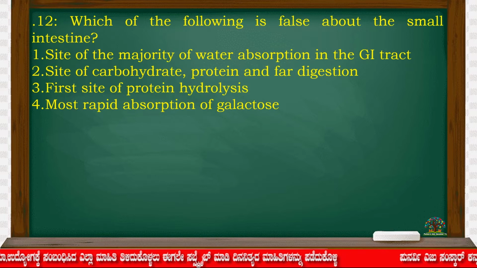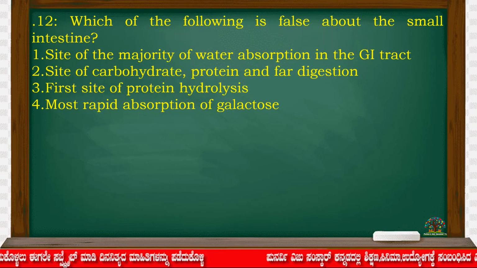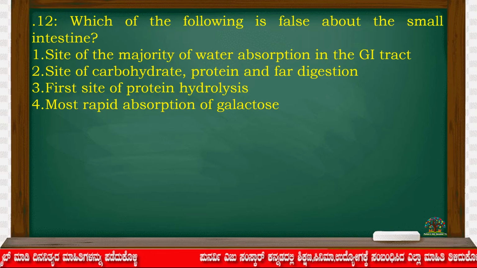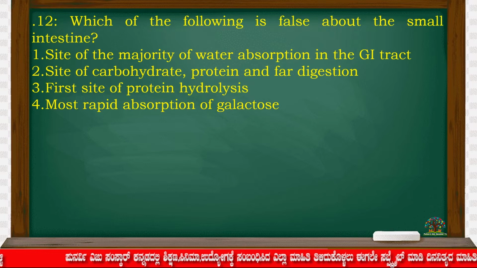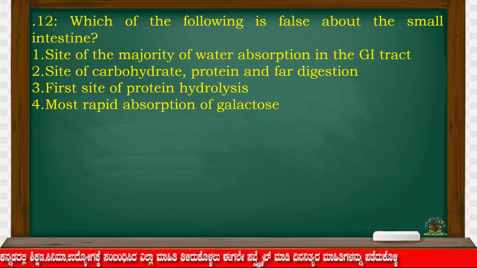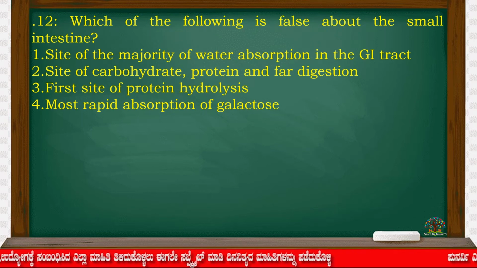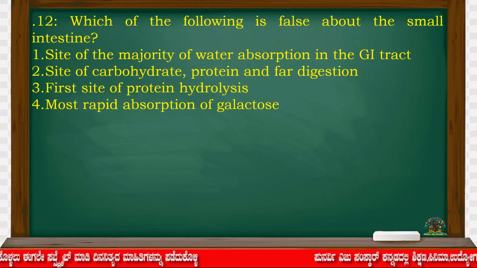Question 12. Which of the following is false about the small intestine? So this question is about the small intestine, and we have to find out the false statement. The options are: option number 1, site of majority of water reabsorption in the gastrointestinal tract. This is absolutely correct.